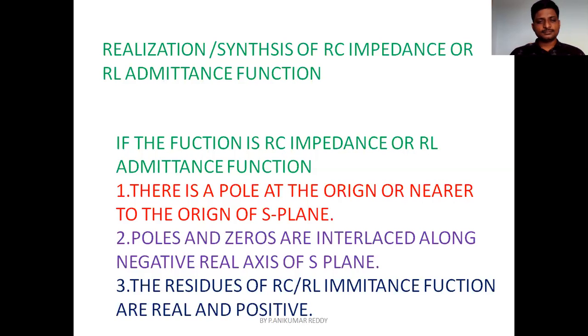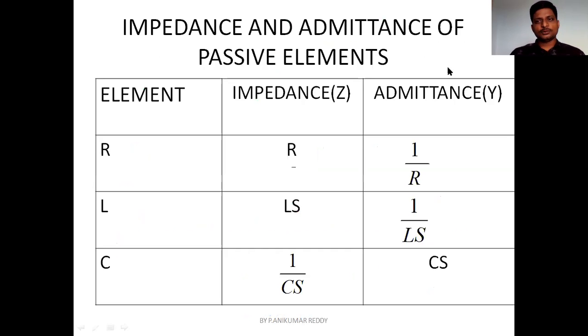Next we will look into this table. By looking into this table, you can understand whether the given network has an inductor, capacitor, or resistor. For that, first we need to understand the elements. In passive elements, we have three elements: resistor, inductor, and capacitor.